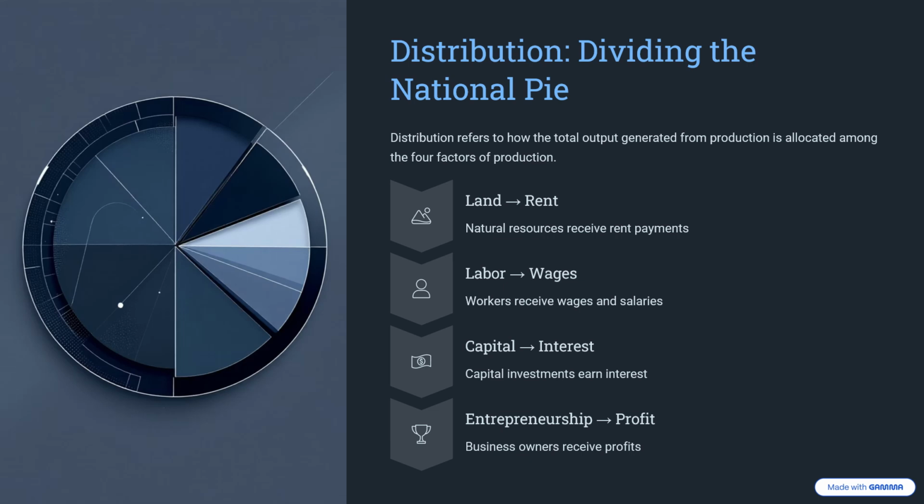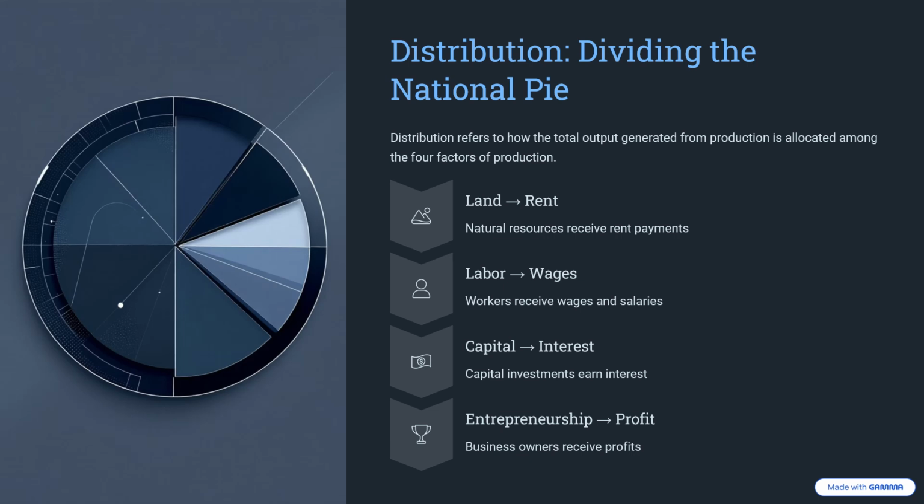Different theories such as the Ricardian theory of rent, marginal productivity theory of wages, liquidity preference theory of interest, and innovation theory of profit are part of this branch.